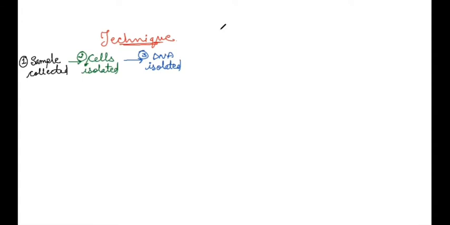So here we have one important point, so I'll just put a star mark and write the point: chilled ethanol is added to precipitate and isolate DNA.